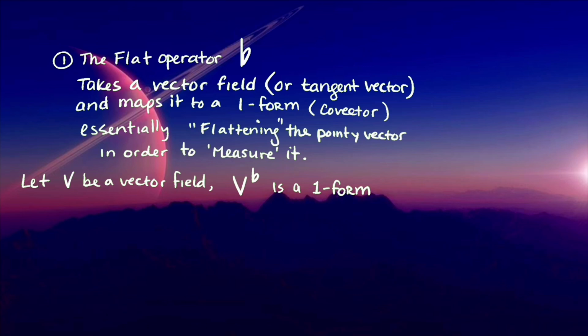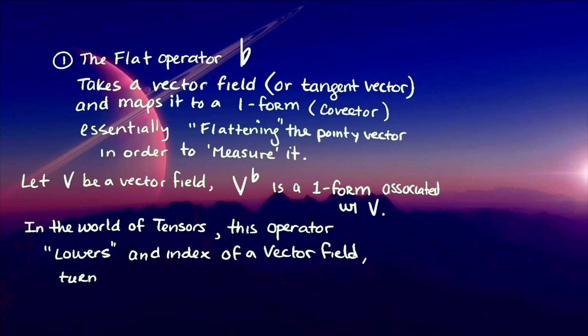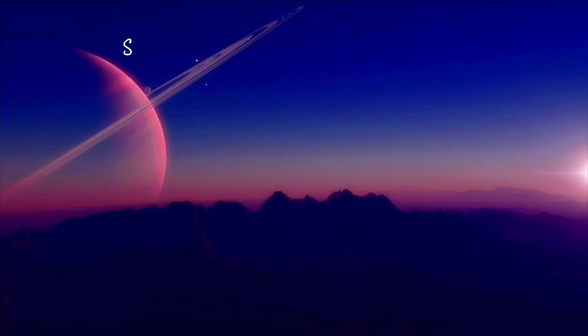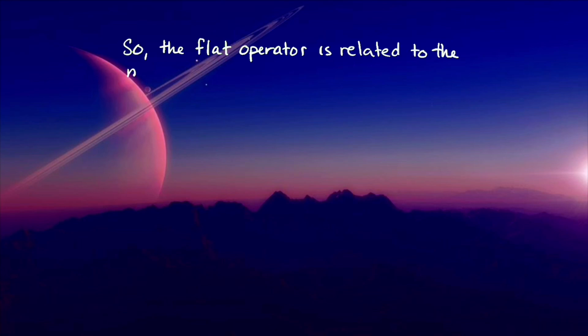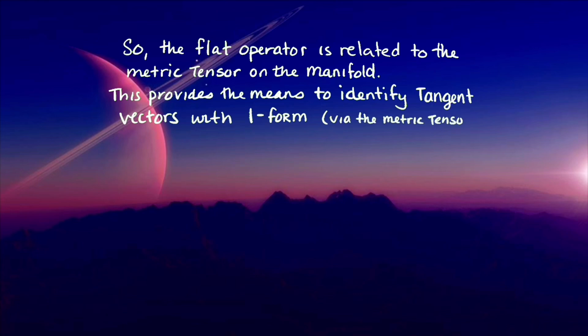So if we let V be a vector field, V flat is a one-form associated with V. In other words, in the world of tensors, this operator lowers the index of a vector field, turning it into a one-form via the metric tensor. So if the flat operator is related to the metric tensor on the manifold, it provides a means for identifying tangent vectors with one-forms via this metric.